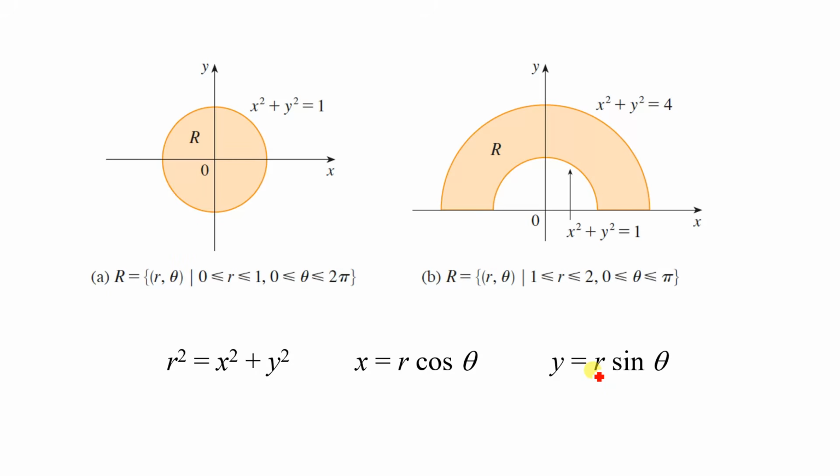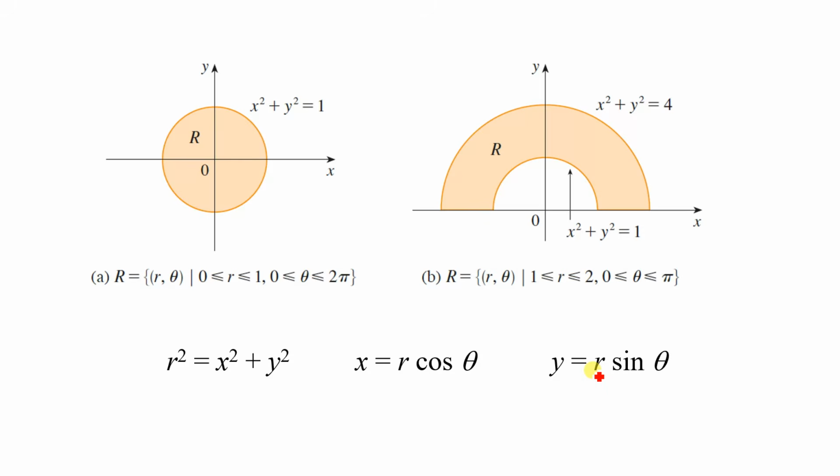As we can see here, in our first figure, figure A, and also our figure B, these are special cases. For example, in the first figure, R is the set of (r, theta) where r is greater than or equal to 0 but less than or equal to 1, and theta is greater than or equal to 0 but less than or equal to 2 pi.